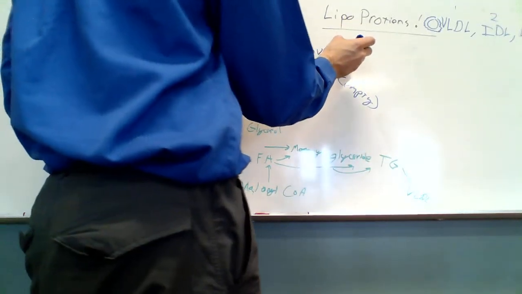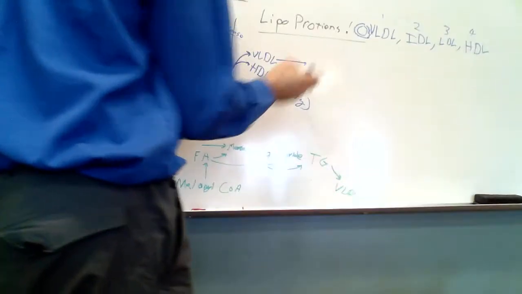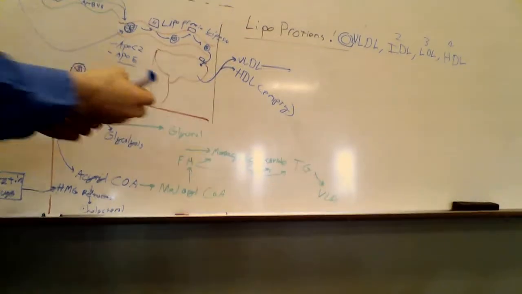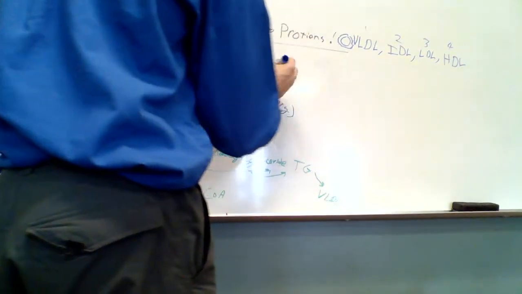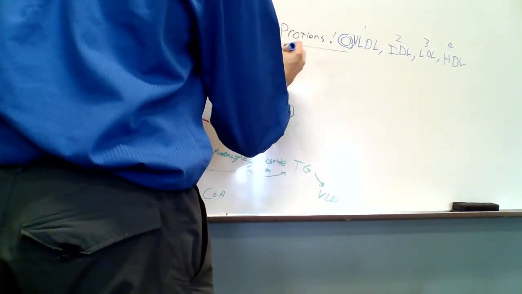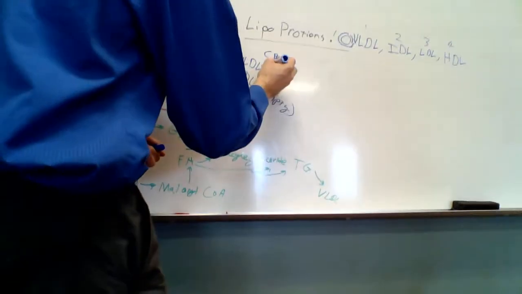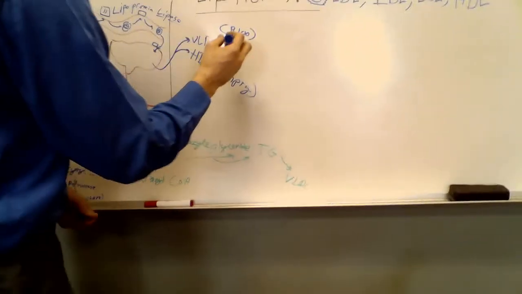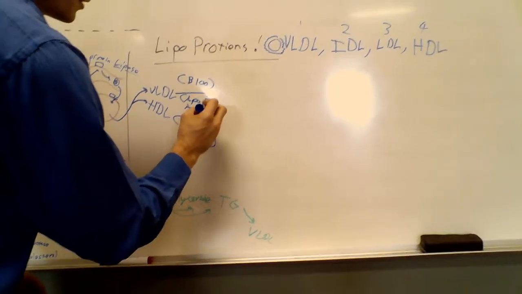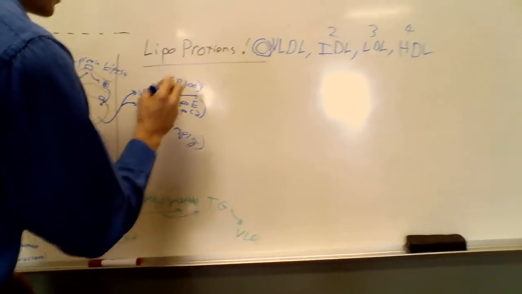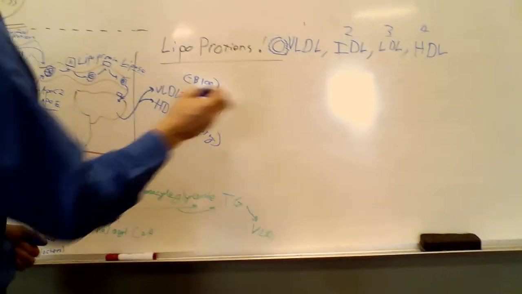Okay? So VLDL, boom. When it is made, it has the apoprotein B100, and then the same other two apoproteins. Yes, there are other varieties, but these are the most important ones. So we have ApoE and ApoC2, and all three are on there: B100, ApoE, ApoC2.